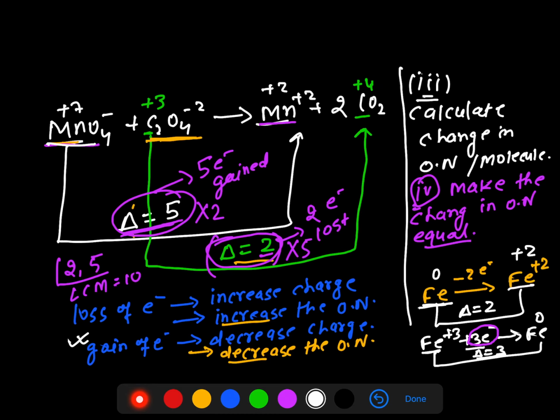Right. Now one pair of MnO4- to Mn+2 is giving you a change of 5. So if you need the change of 10 units, we will multiply by the same number to the same pair. 2 MnO4- gives us 2 Mn+2. And 5, we have multiplied 5 for the change to get the change of 10. We will multiply it to the same pair, 5 over here, and this 5 into 2 will become 10.